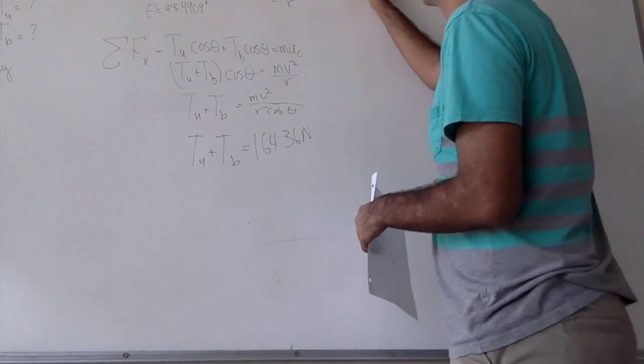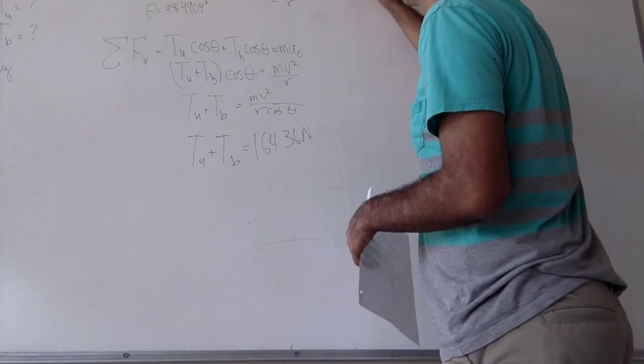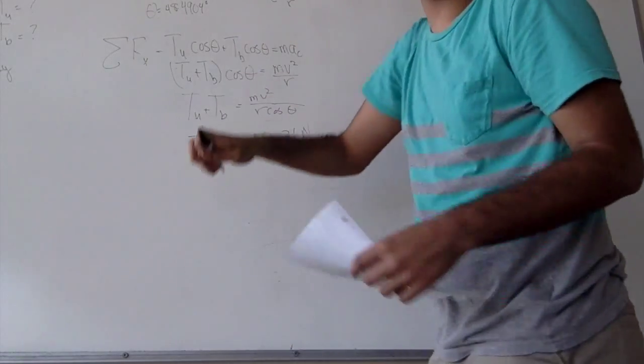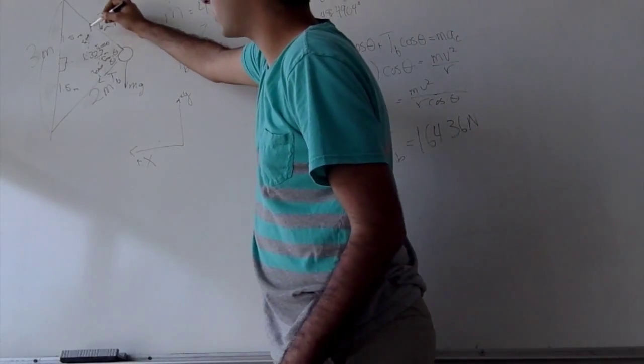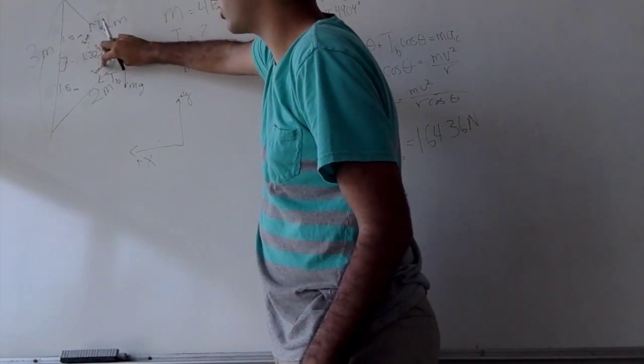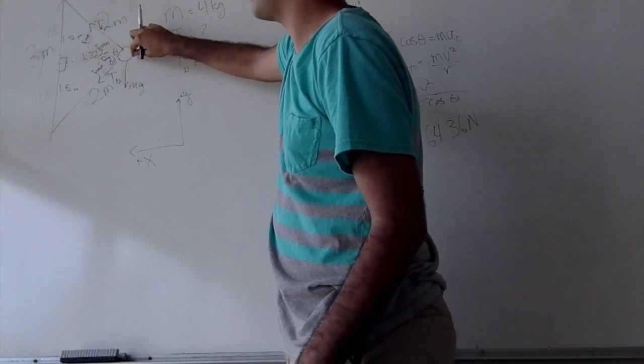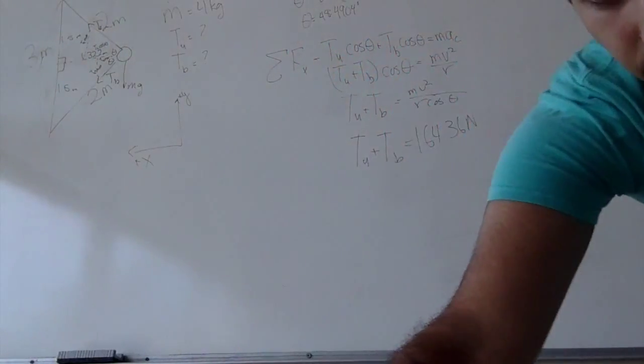Let's sum our forces in the y direction. As we saw earlier, we have T upper sine theta in the positive direction, T below sine theta in the negative, and mg in the negative.